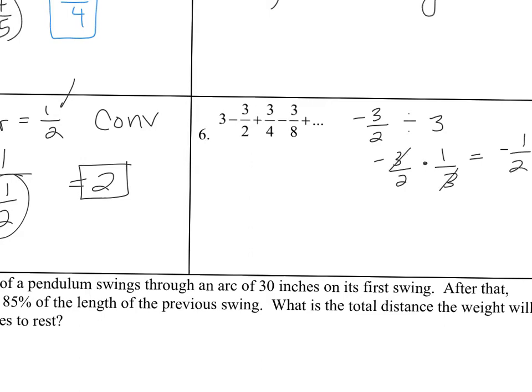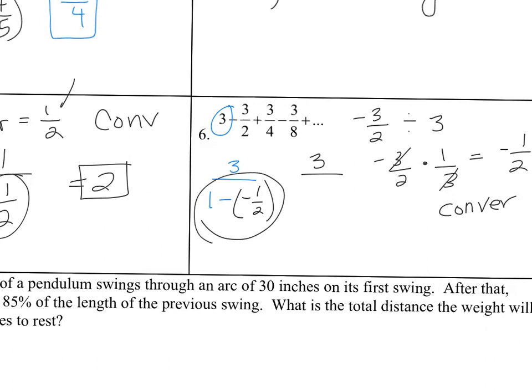The absolute value of this is less than 1, so this converges, so I can evaluate the series. a sub 1 is 3, so it's 3 divided by 1 minus r, and r is -1/2, so just be careful that you put that -1/2. So this is going to be 3 over 1 plus 1/2, which is 1.5, or I'm going to write it as 3/2. So now you have 3 times 2/3, so this converges to 2.